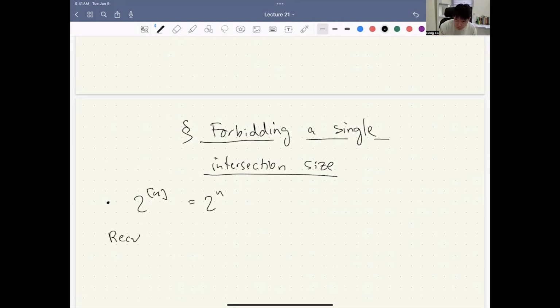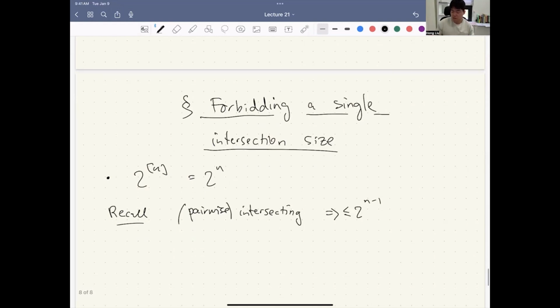Recall, if you want it to be pairwise intersecting, we get 2 to the n minus 1. So you shrink by 50%, by half. That's not so bad, a constant loss.